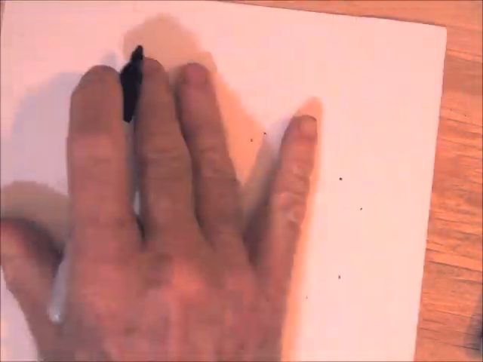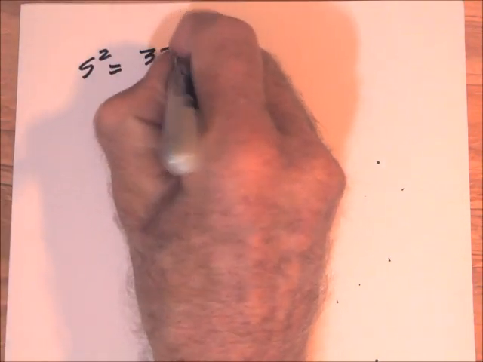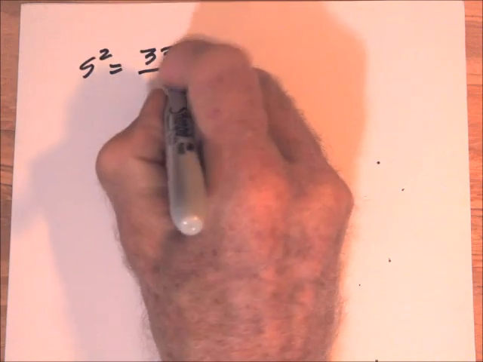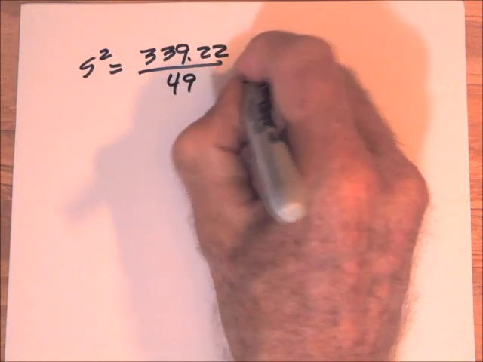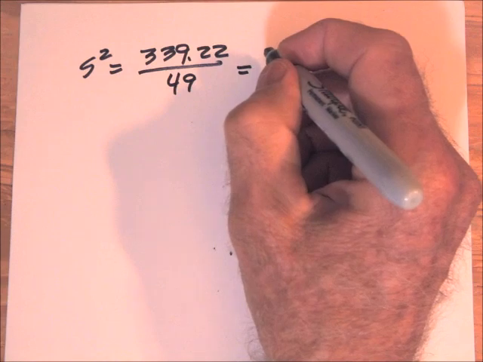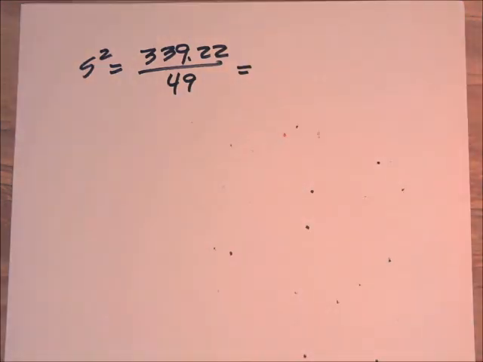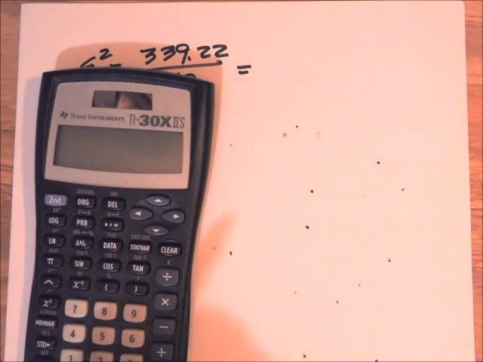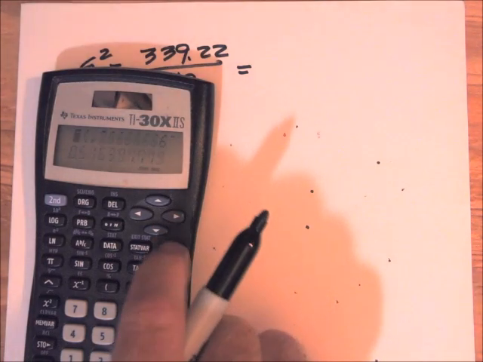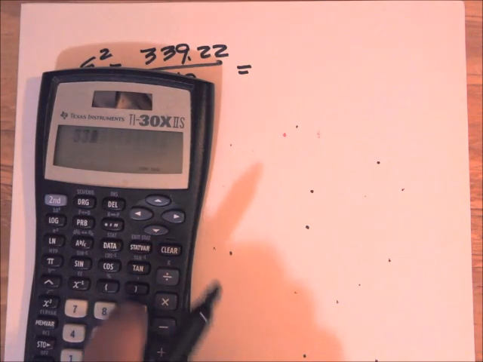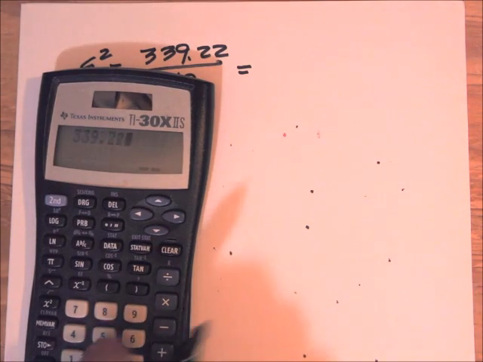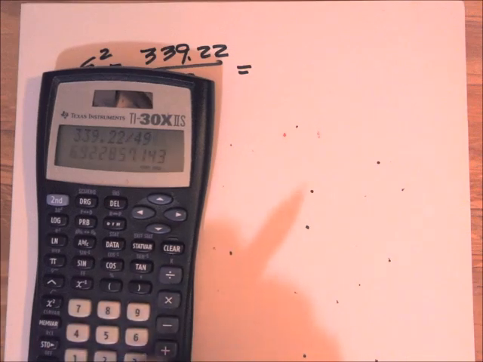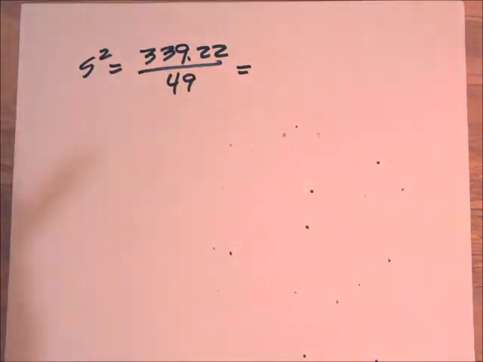So S squared is the total of that last column divided by n minus 1. That would be 49 players. And that's equal to, let's see, 339.22 divided by 49, 6.922 something.